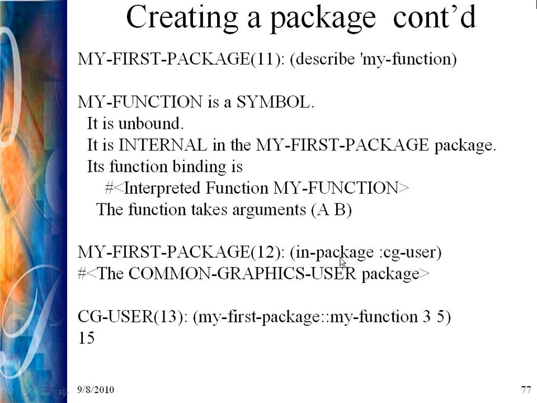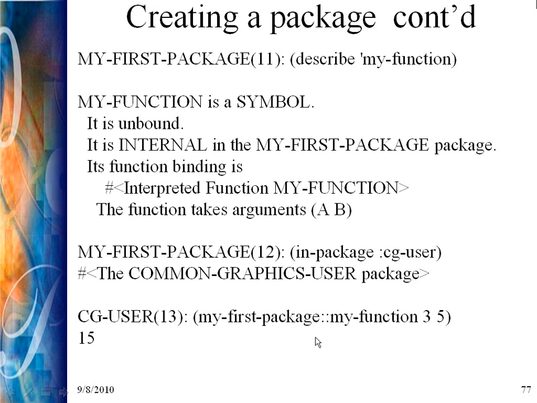Now we go back to the Common Graphics package. In order to call this function, we have to package qualify it, and we have to use a double colon because it's internal. We could export it, and then we would only need one colon, but until we export it, we'll need two colons and the name my first package. Every symbol is in a package.